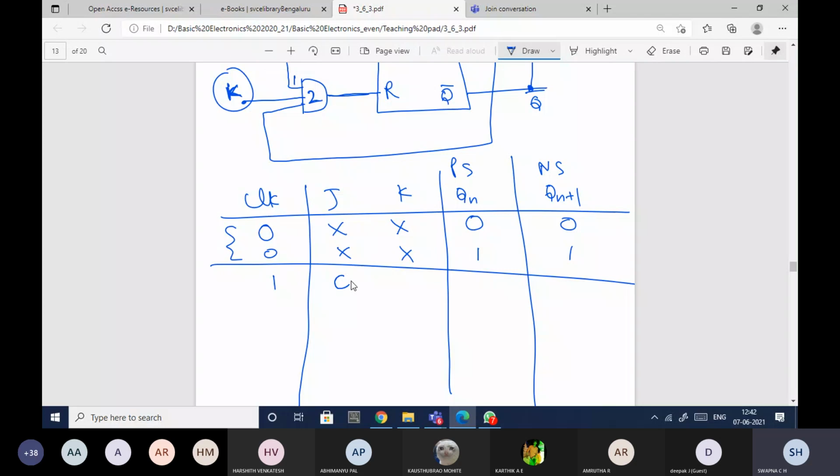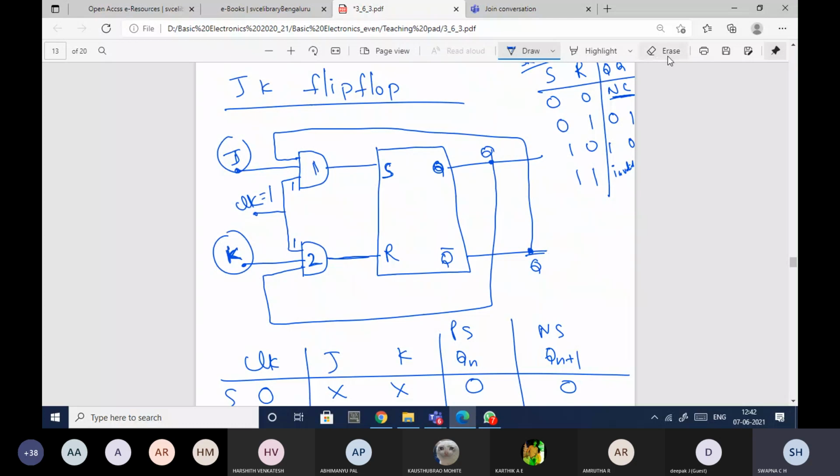First, initially, let me take J and K as 0, 0, and the present state is also 0. Now I need to consider the present state, so don't get confused here.